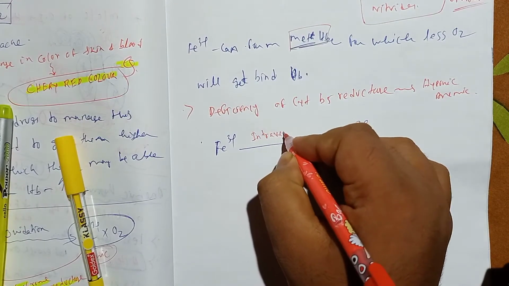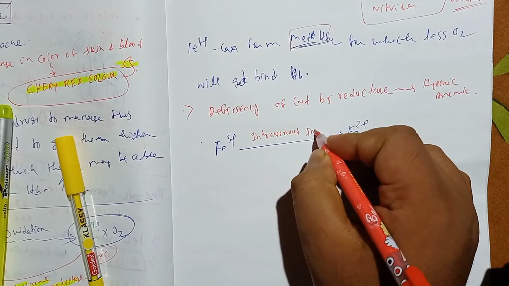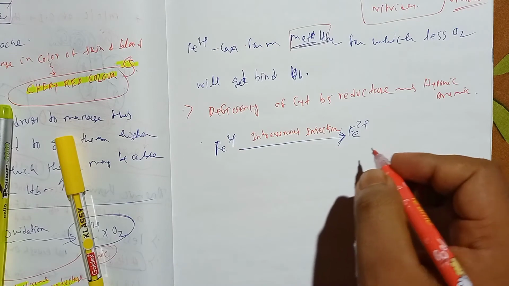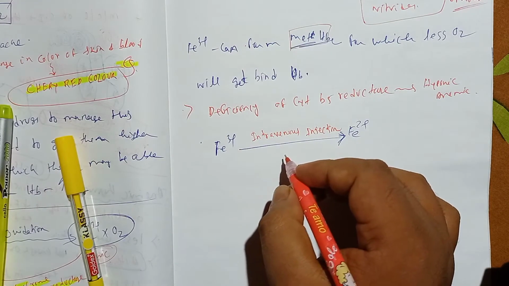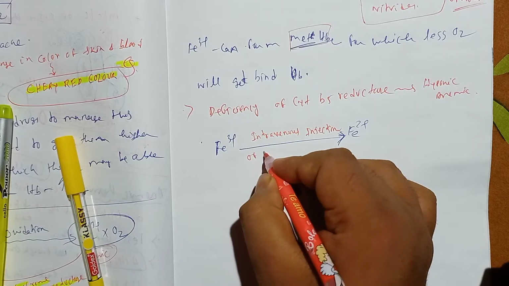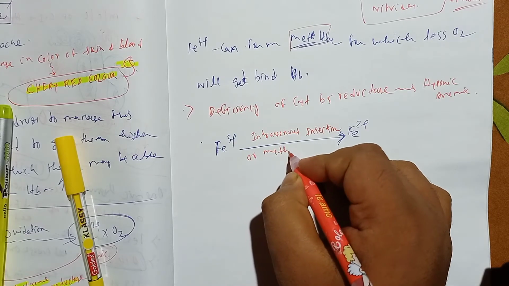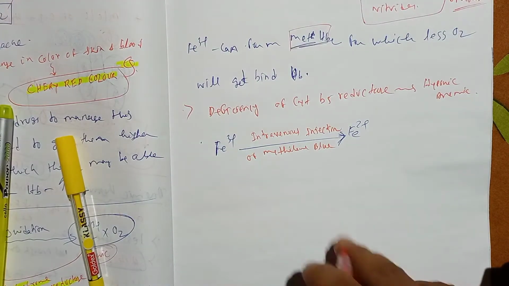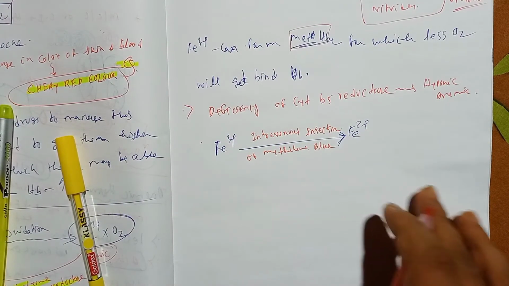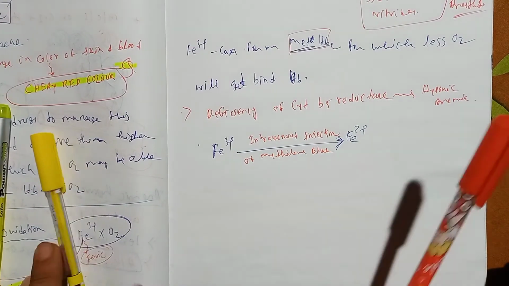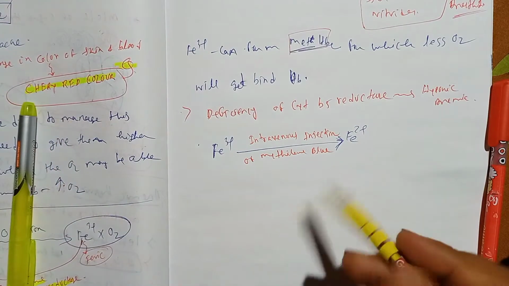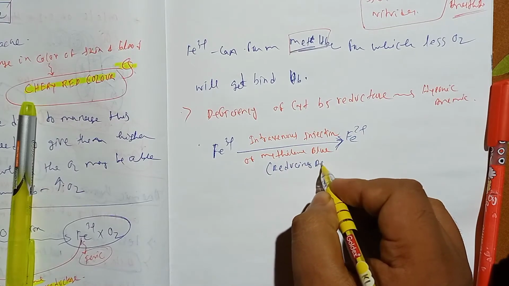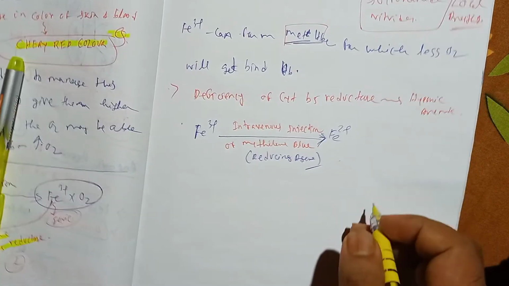You can have an intravenous injection of methylene blue, by which we can convert the Fe3+ into Fe2+. Of course, it should be a reducing agent, otherwise you cannot do it, right?